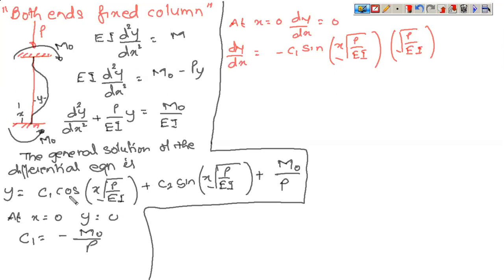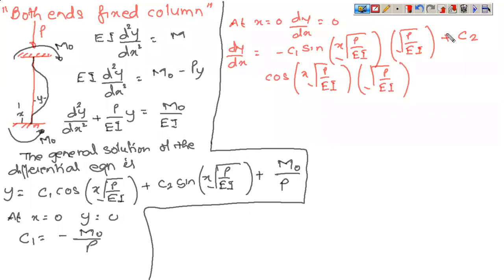C1 is outside, the differentiation of cos gives sin with a minus sign, and the term within the bracket also has to be differentiated, so its differentiation is under root P by EI, plus C2 cos x under root P by EI and the bracket under root P by EI.